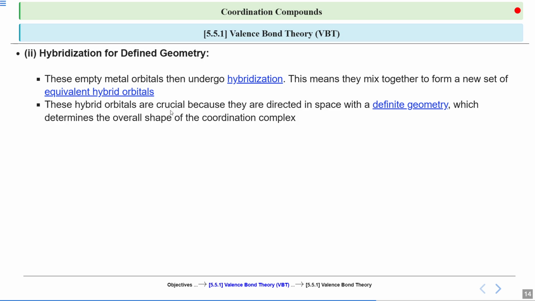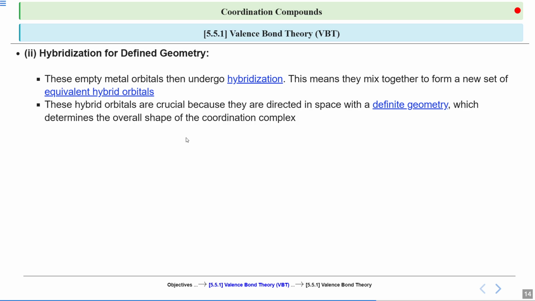These hybrid orbitals are crucial. Why? Because they are directed in space with a definite geometry, which determines the overall shape of the coordination complex. So hybridization is very important, because when the atomic orbitals mix together, they create a new set of equivalent hybrid orbitals, available for the pairing of electrons for easy bonding.